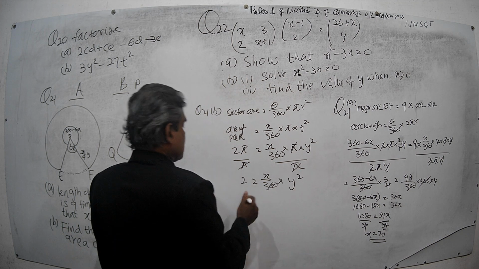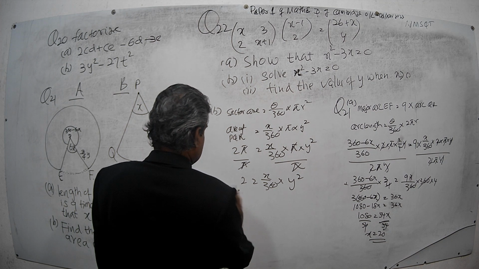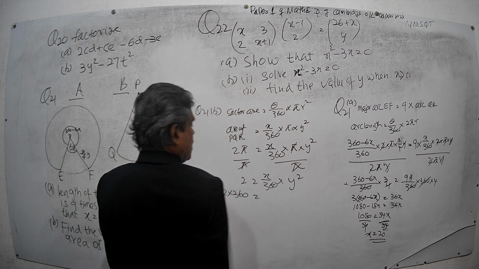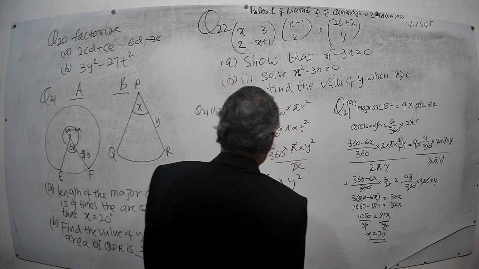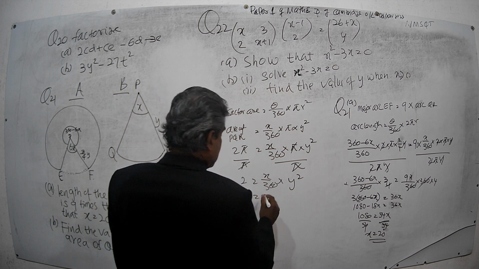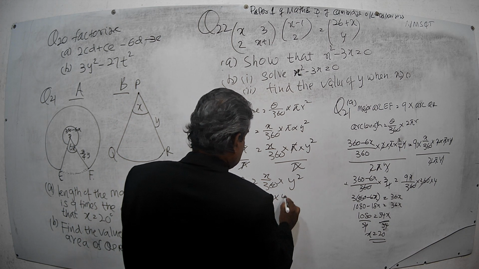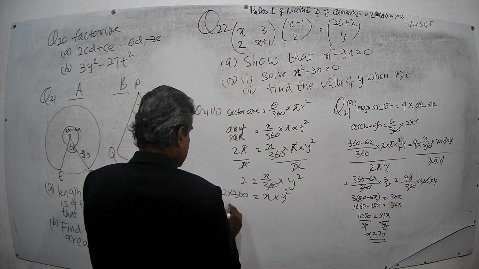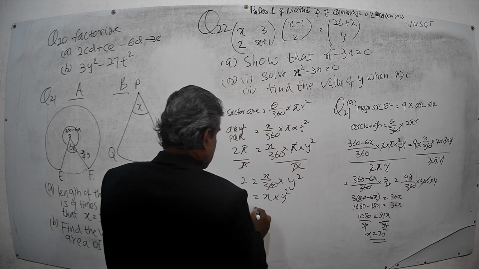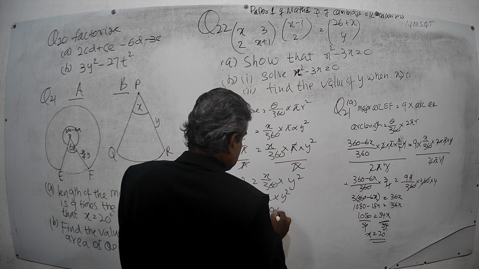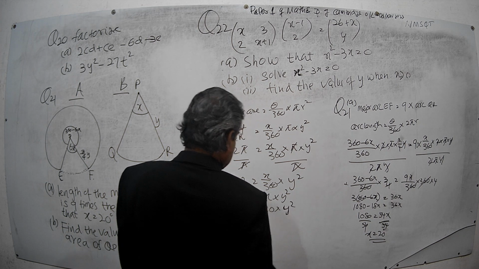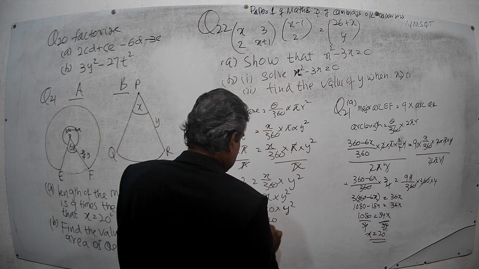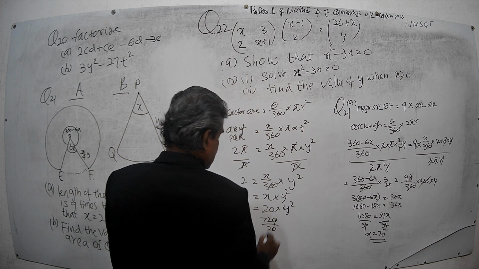Then take 360 to this side as multiplication: 2 times 360 equals x times y squared. We calculated x earlier, it is 20. So 720 equals 20 times y squared. Then y squared equals 720 over 20, which is 36.